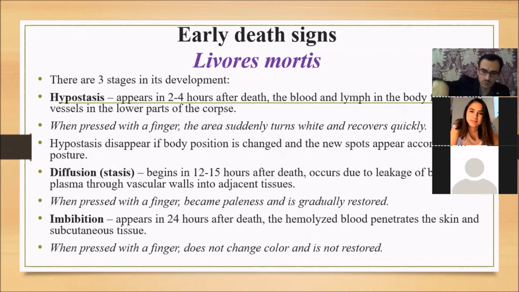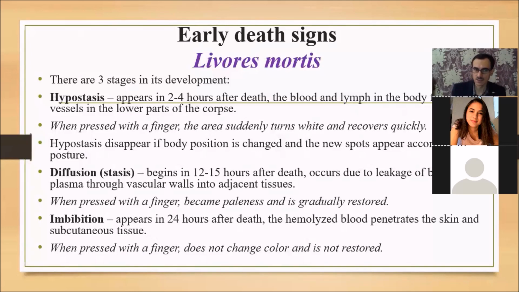When we press with the fingers, it removes the blood from this area to the adjacent blood vessels, and when we take our finger away, it recovers quickly. Also, when we change the body position of the corpse, new spots will develop.